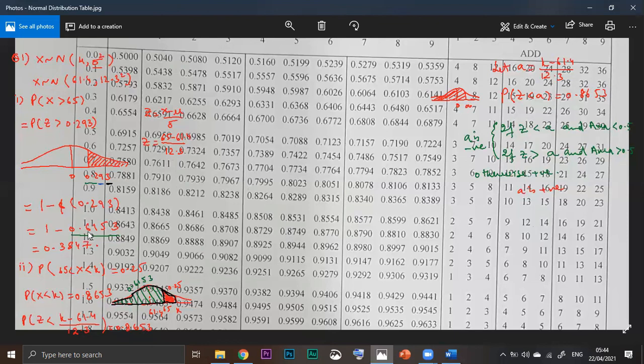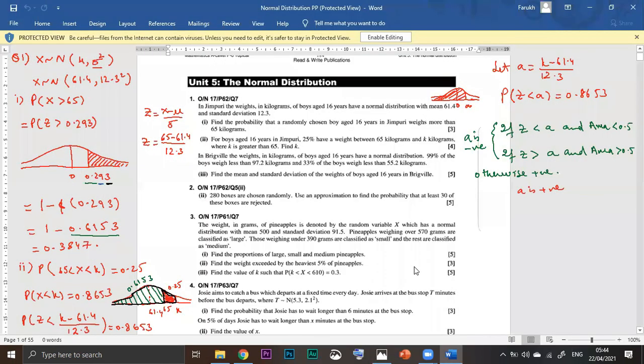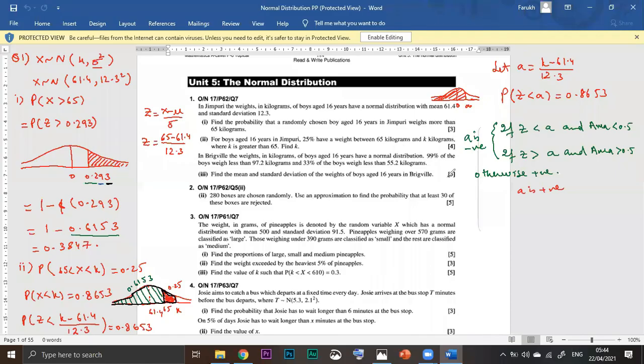Now 1.105 is the value of C. So A is 1.105 and K minus 61.4 over 12.3 is equal to 1.105.